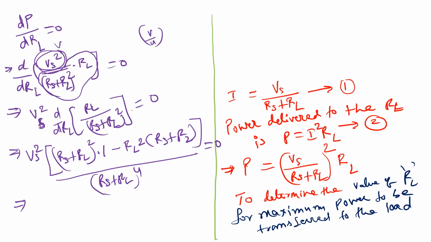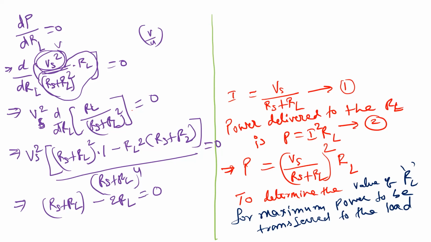Now what is common here? (Rs plus RL) is the common term. When you take it common, you get 1 into (Rs plus RL), minus 2 RL, then 0 divided by (Rs plus RL) whole power 4.